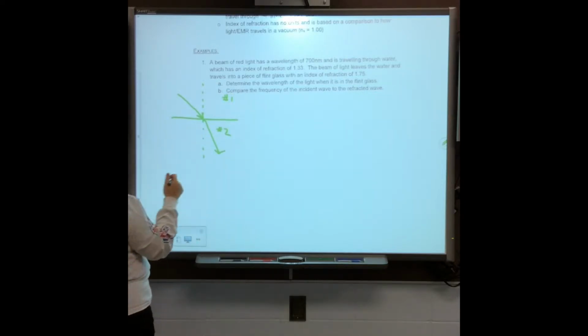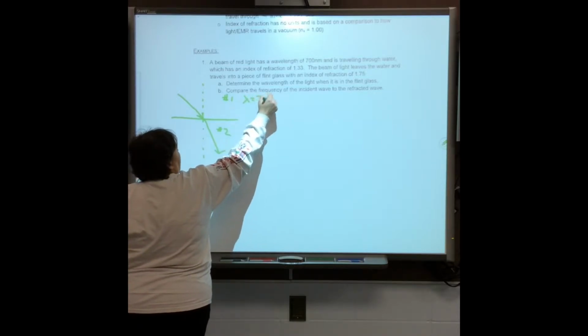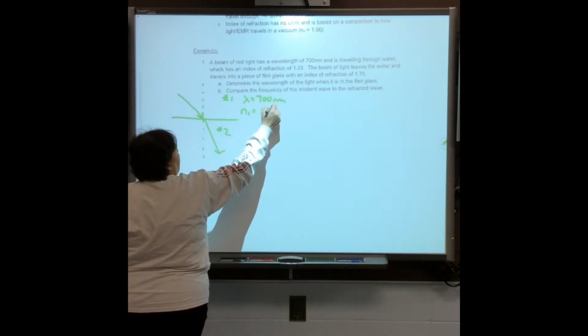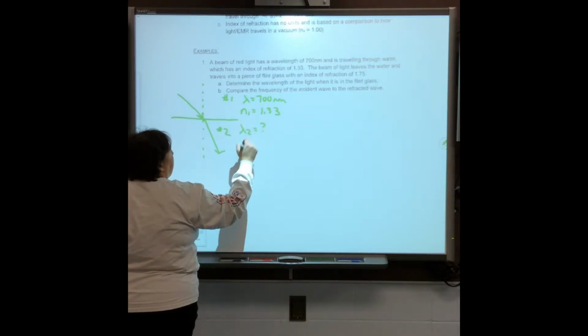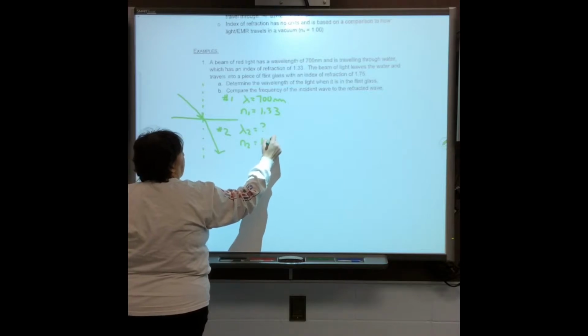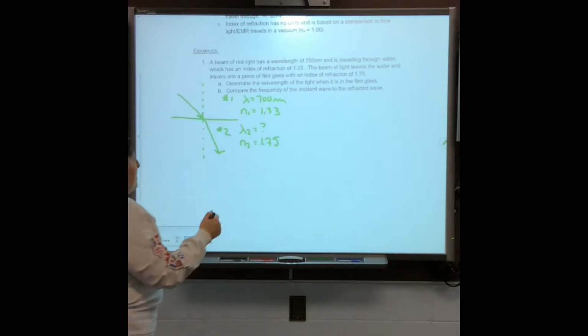The information that we have here is that we have a wavelength of 700 nanometers, and we have an index of refraction of 1.33. Here we don't know the wavelength, but we do know the other index of refraction.